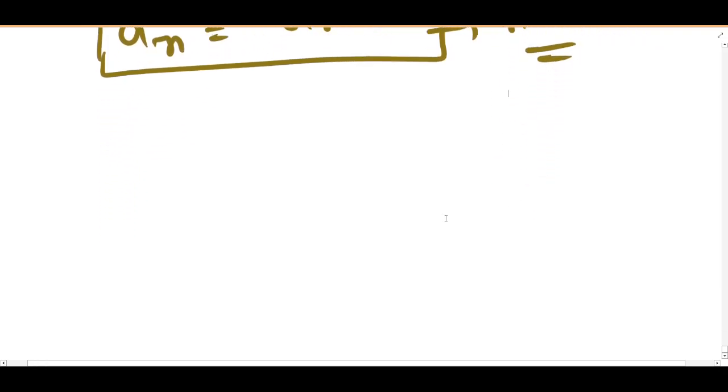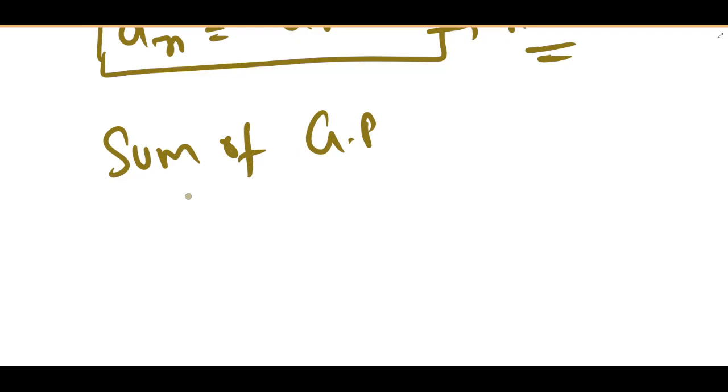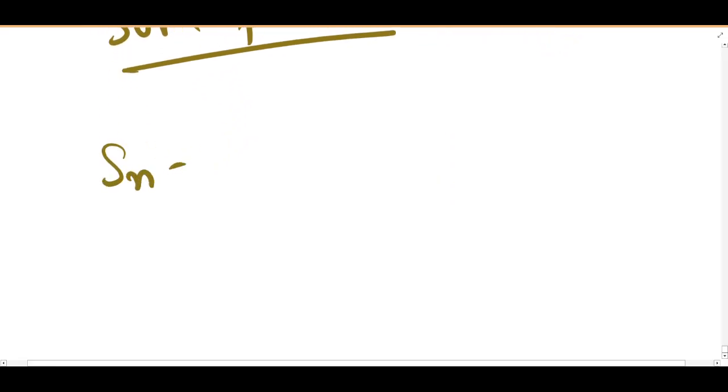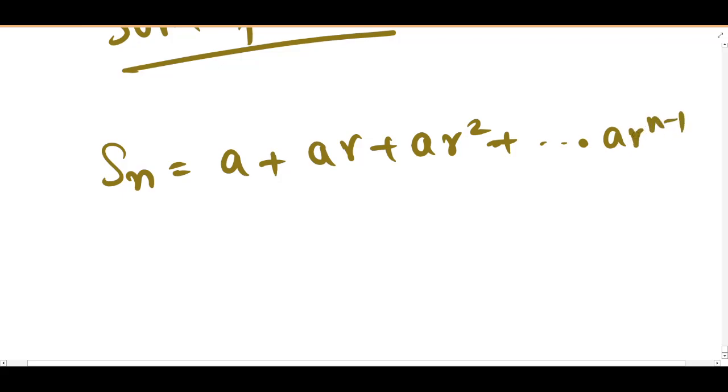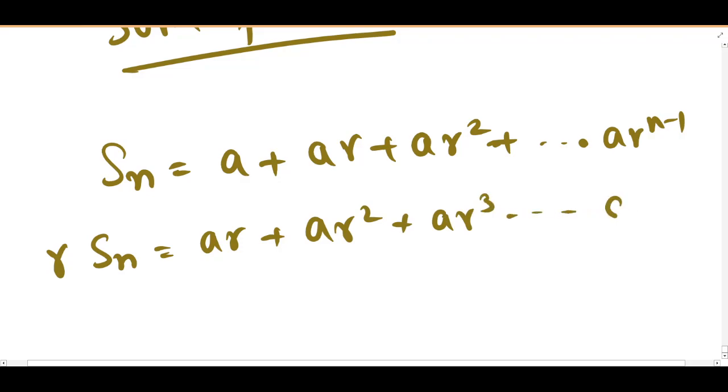So what is the sum of GP? If we write Sn is equal to a plus ar plus ar square plus and so on up to ar^(n-1), and if we multiply the equation by r, we get rSn equal to ar plus ar square plus ar cube, and we have ar^n.